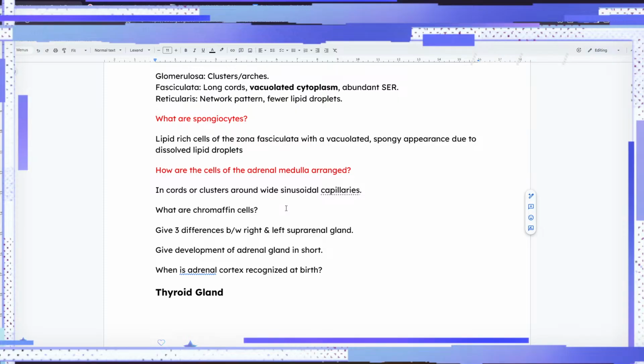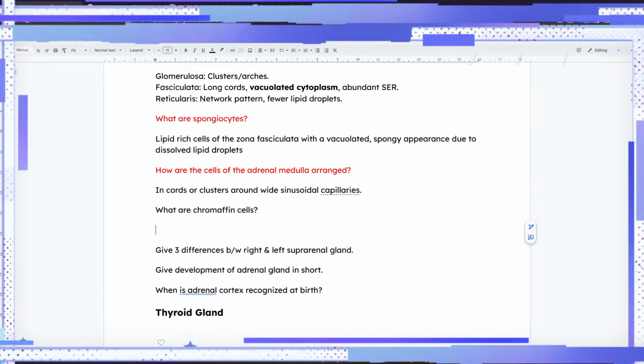Okay. What are chromaffin cells? So we already discussed those: postganglionic sympathetic neurons of the adrenal medulla that secrete catecholamines. Simple enough, right? They're found in the adrenal medulla. And the special thing about them, why they are called chromaffin, is that they turn brown with chromium salts. Very cool. What are chromaffin cells?